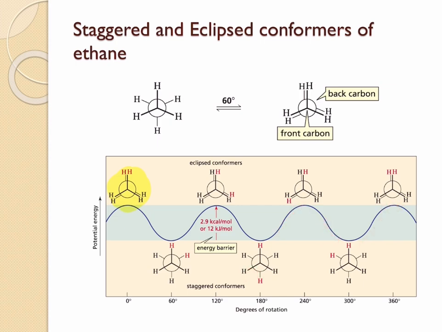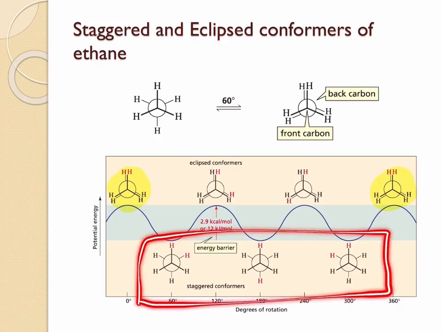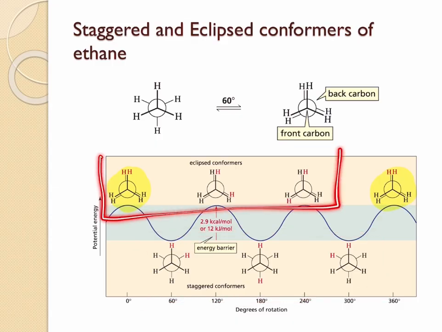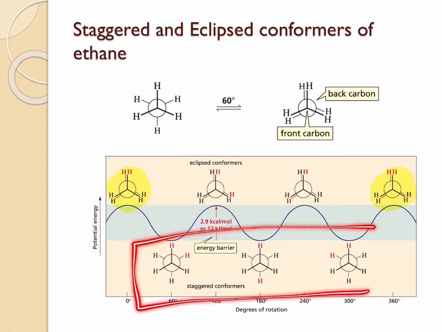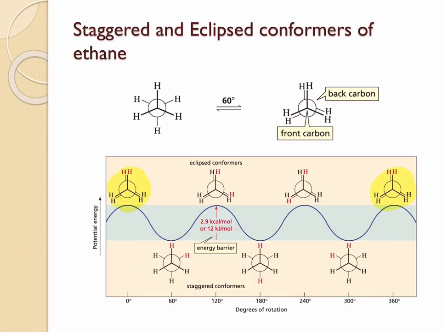So this structure we are seeing right here is exactly the same conformer we started with in the very beginning. We can see that there are three staggered conformations and three eclipsed conformations, and all these eclipsed conformations are different from each other, and similarly these three staggered conformations are different from each other, although we have exactly the same kind of atoms attached to both of these carbons.